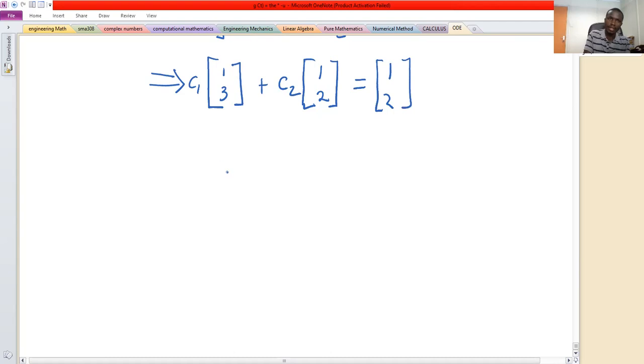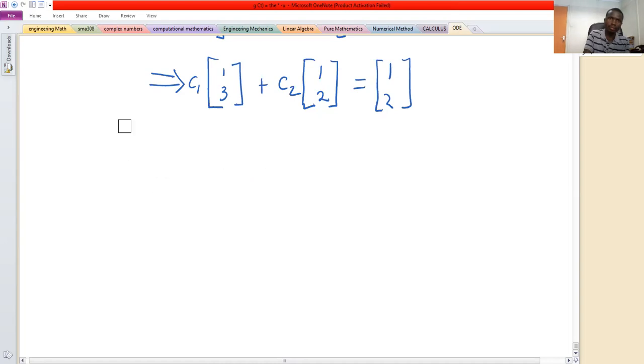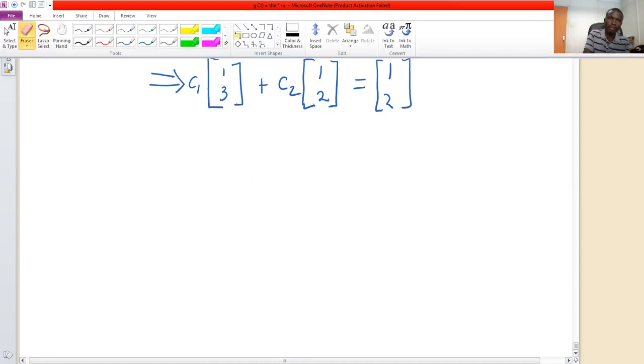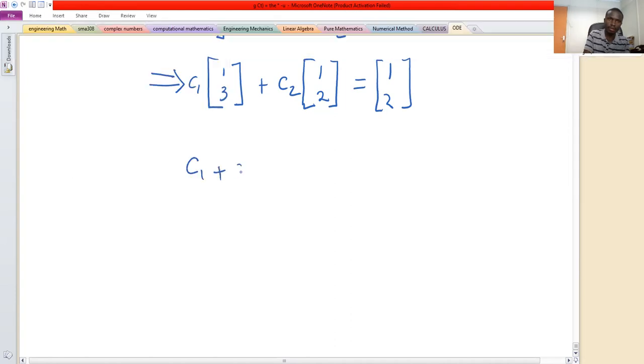Which tells us that C1 plus C2, and then 3C1 plus 2C2, should give us 1, 2.